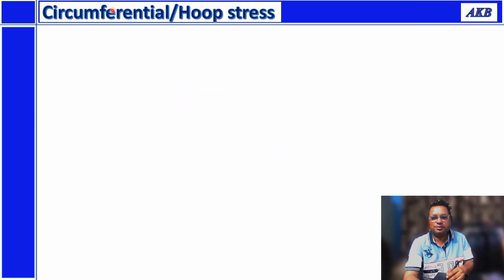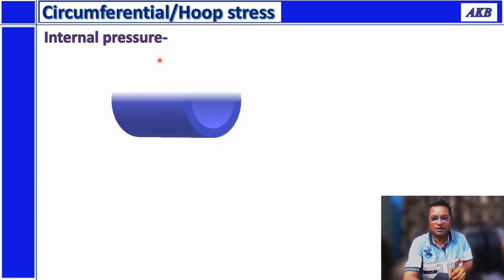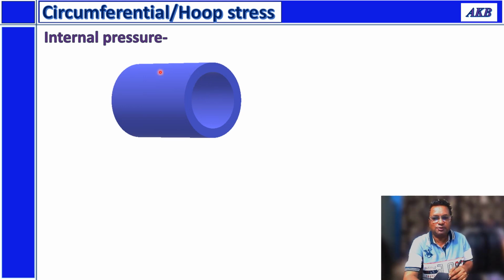Okay, so let us first talk about circumferential or hoop stresses due to internal pressure. First we will discuss internal pressure. So now I'm showing a cylinder to you, and let us see if this cylinder is subjected to internal pressure that acts on the wall in this way.